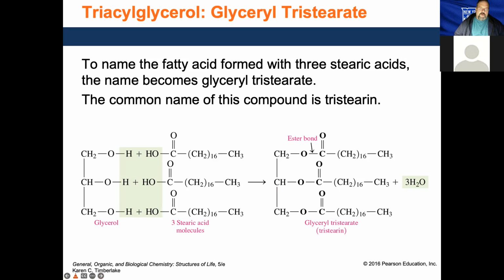In naming esters, we use the branch name of the carbon group attached to the alcohol oxygen, which had a YL ending, so glyceryl instead of glycerol. And for the carboxylic acid portion, we changed the IC acid into ATE, so you'd have something like ethanoate or propanoate.